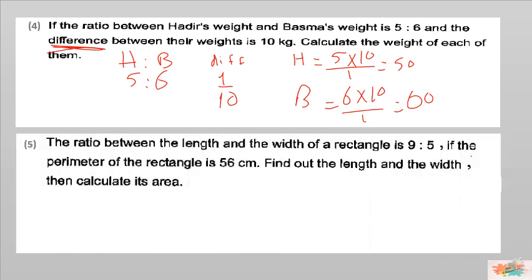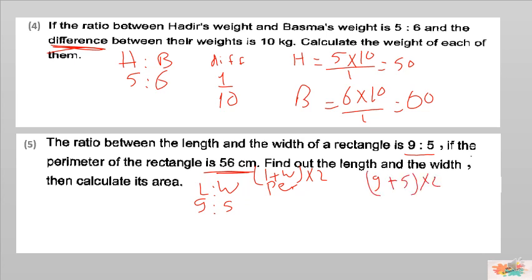Number 5. The ratio between the length and the width of a rectangle is 9 to 5. If the perimeter of the rectangle خلي بالك بقى the ratio between length and the width is 9 to 5. البريمتر بقى يا أصحابي هو مش length بلس width بس ده المفروض إن أنا بعمل length بلس width باي 2. يعني النمبرز دي لما هاجي أعمل لهم بلس أقول كده 9 بلس 5 by 2. 9 plus 5 is 14 by 2 it will be 28 and under it we will write 56.